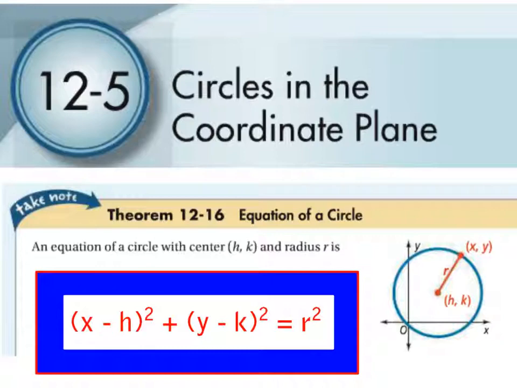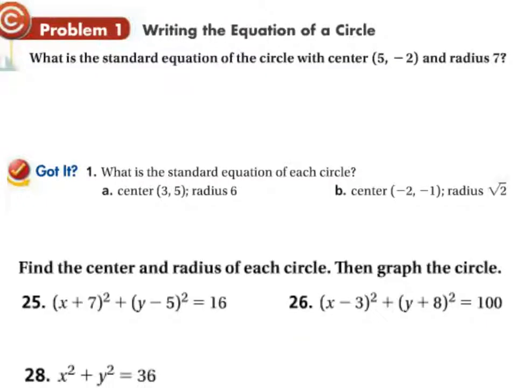So let's look at some. I've got one slide. This is all there is. What's the standard equation of the circle with a center of (5, negative 2) and a radius of 7? They're telling me my h and my k. The way we would format that, it's going to be x minus how far I move left or right, which is 5 according to the center.